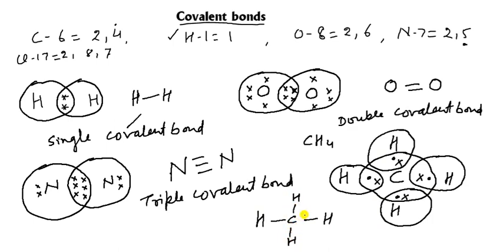So they form a single covalent bond with all the hydrogen atoms. You can see in this diagram that many structures are there.